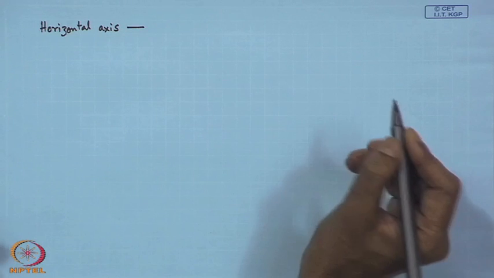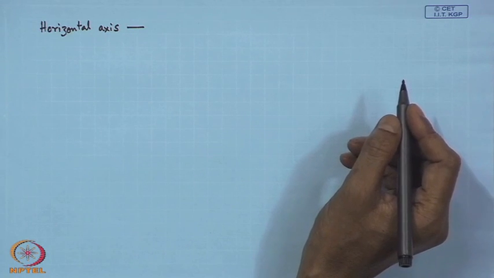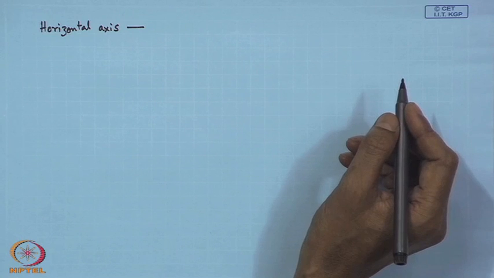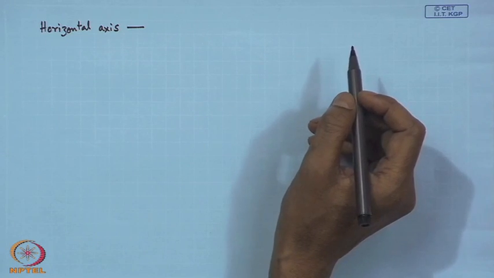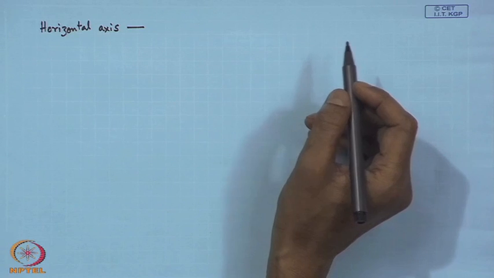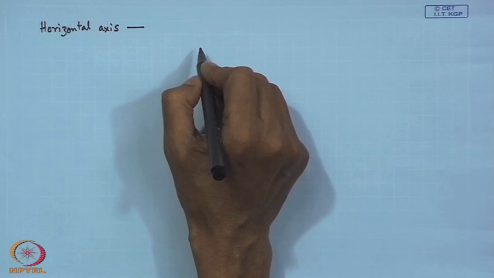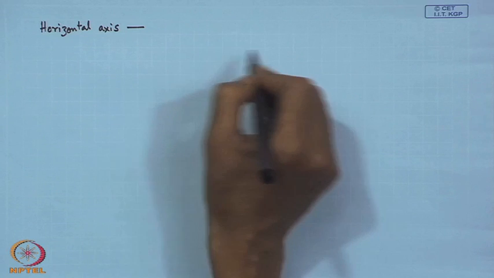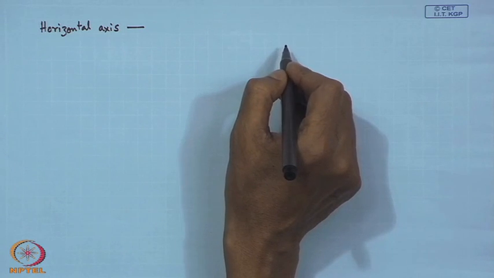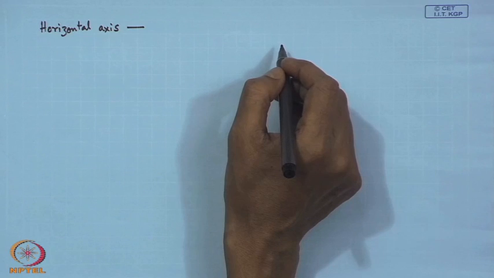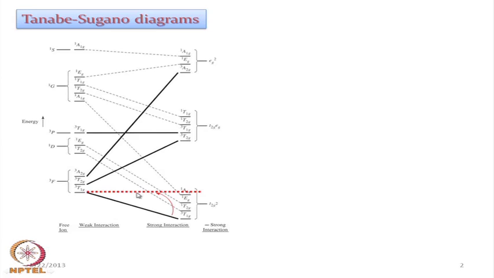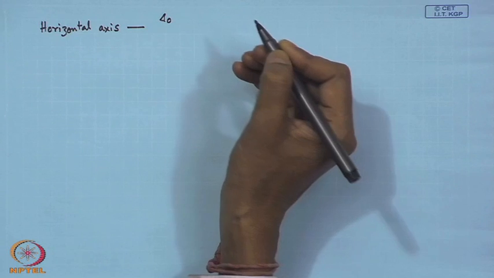So, all such diagrams for the different dn electronic configurations, a Tanabe Sugano diagram must have a horizontal axis representing the ground state energy from the weak field case to the strong field case. So, in the horizontal axis we will put the crystal field strength as we move from left to right. So, in the horizontal axis we will put something in terms of delta octahedron.